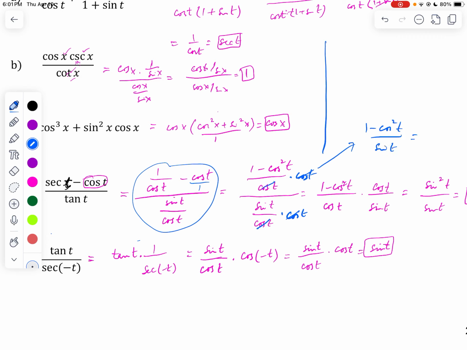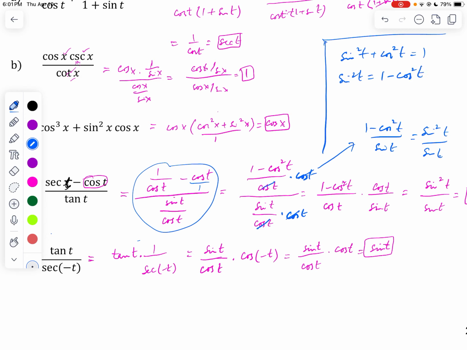But 1 minus cosine square t is sine squared. So remember I mentioned that we should know the other forms of the Pythagorean identities. So we have the form sine squared t plus cosine square t is equal to 1. So from here I can write, subtract cosine square t on both sides. So we get sine square t is equal to 1 minus cosine square t.